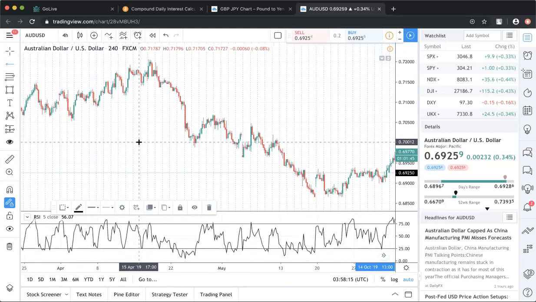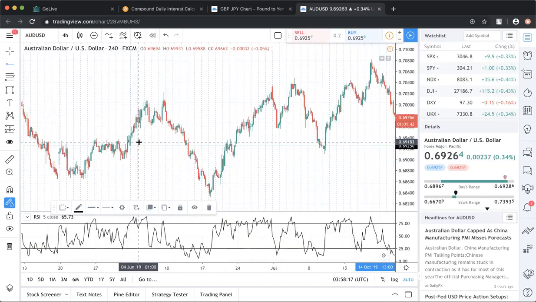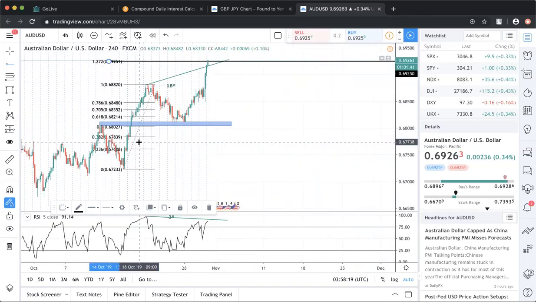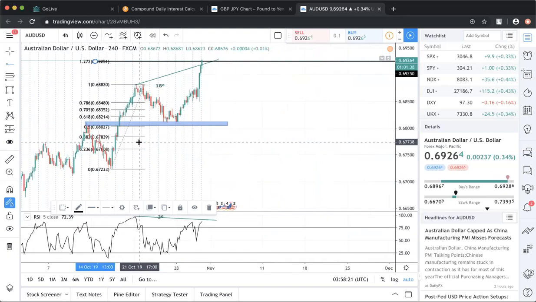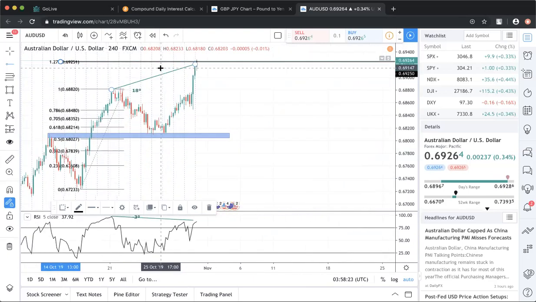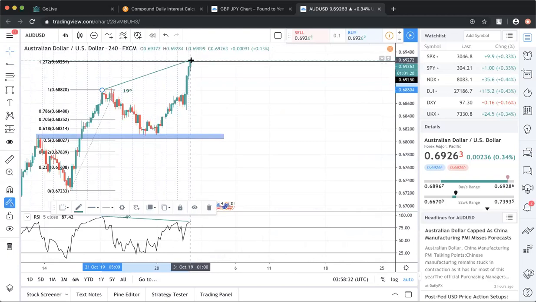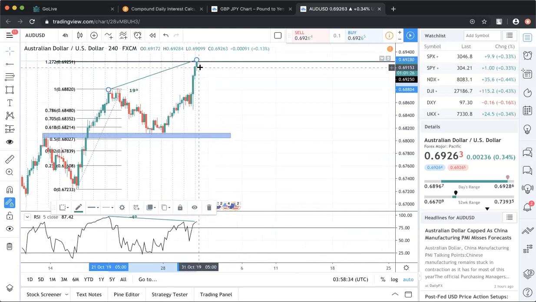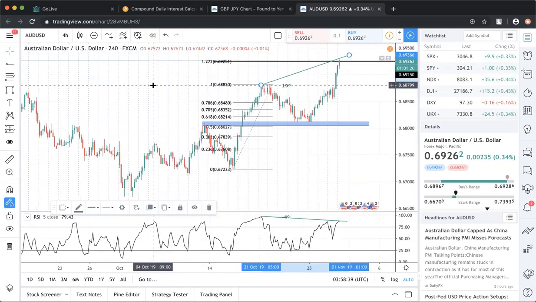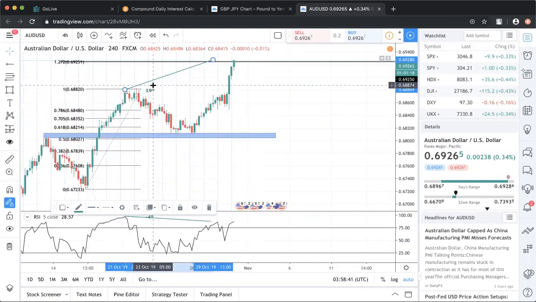So this is a big rejection area. Price doesn't like being over here. So I like this going down, but I would wait again for that bearish momentum. Bearish momentum coming down. This will be somebody's TP. This is creating another high. And yeah.